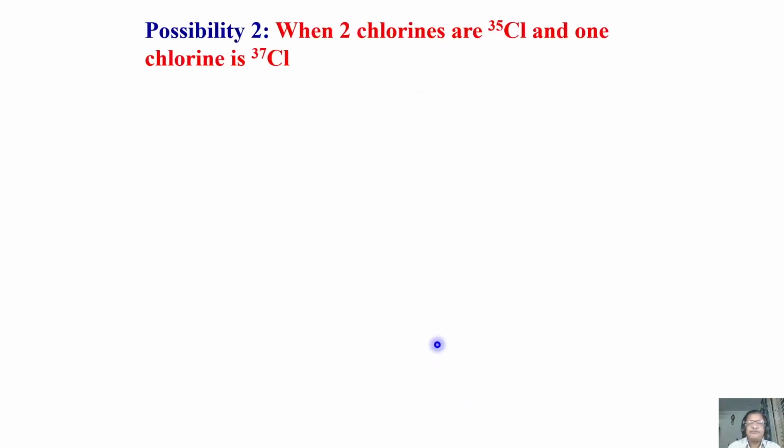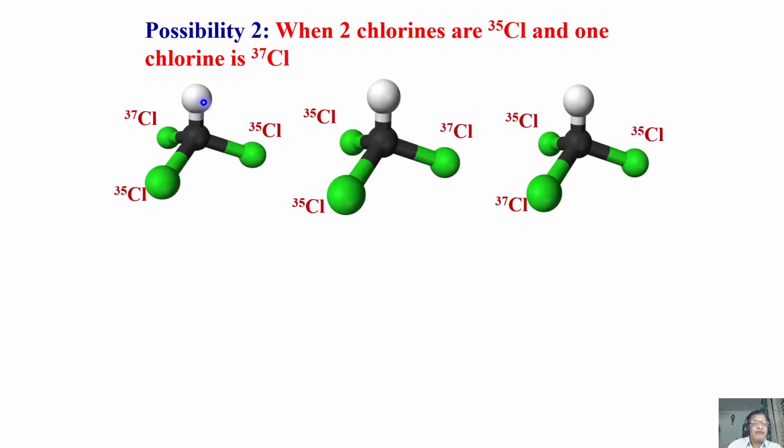Now what is possibility 2? There is another possibility we can think of. When two chlorines are 35 and one chlorine is 37, it is possible, right? Look at this one. Now this chlorine can be 37, and this can be 35, this can be 35. But remember, there are three such possibilities. This can also be 37, and this can also be 37.